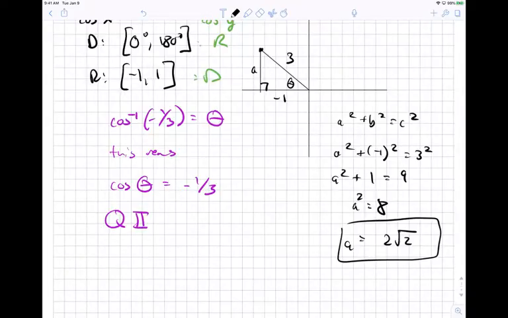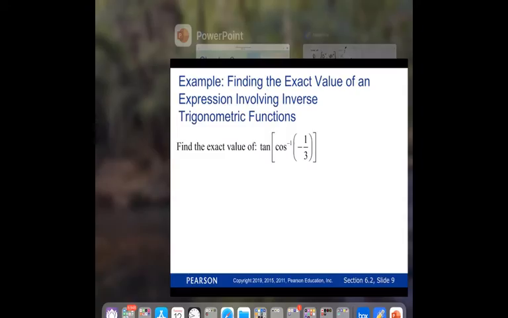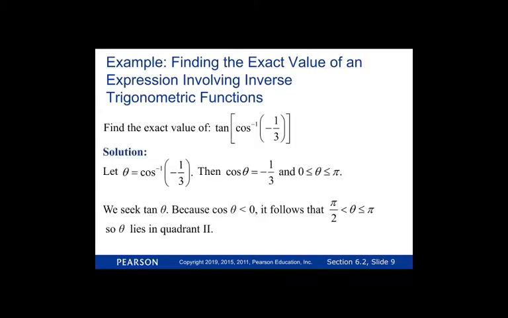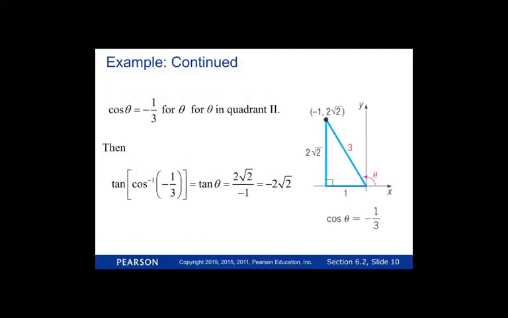Because of the restrictions on inverse trig functions. Okay, we got 2. We said 2 times the square root of 2, quadrant 2. So theta is in quadrant 2. See, they did that. Now, usually when we do the right triangle trigonometry, we don't include the negative, but the idea is essentially there.